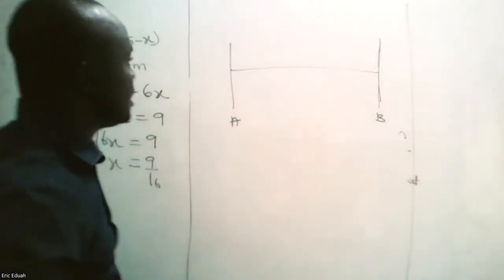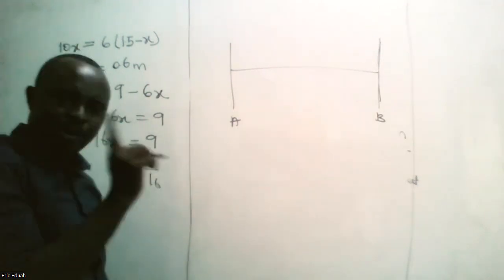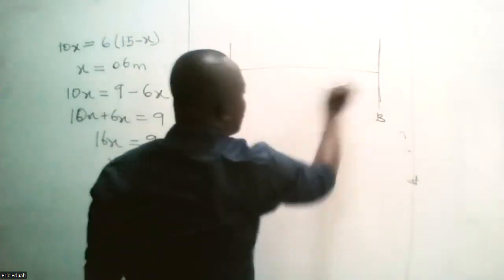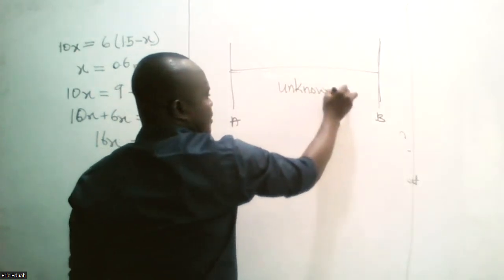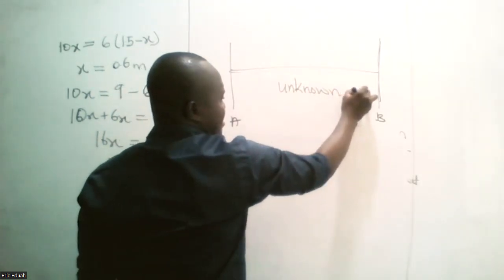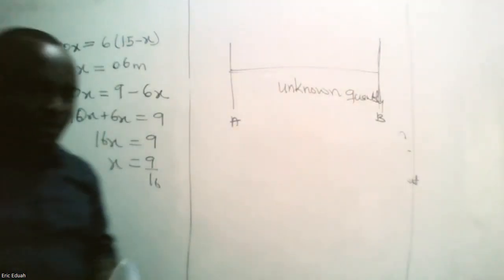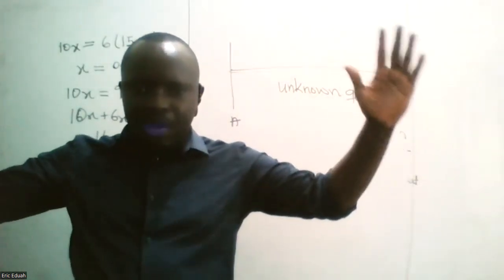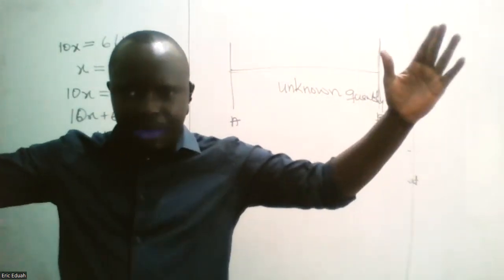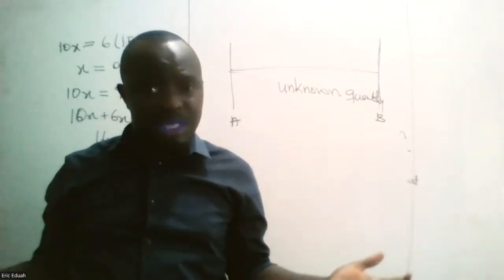Okay, what am I doing? This is an unknown quantity. I will use a known quantity, a meter rule, which is same as 100 centimeter.